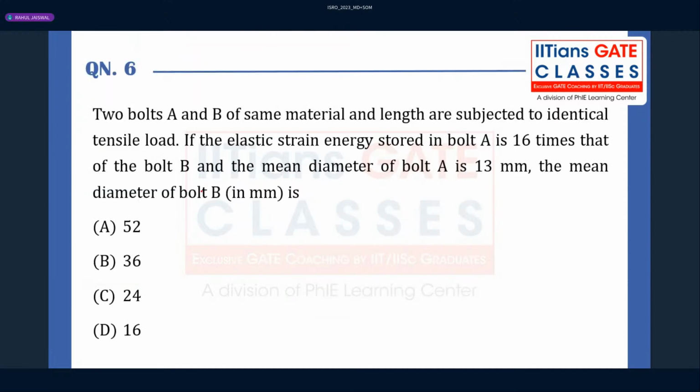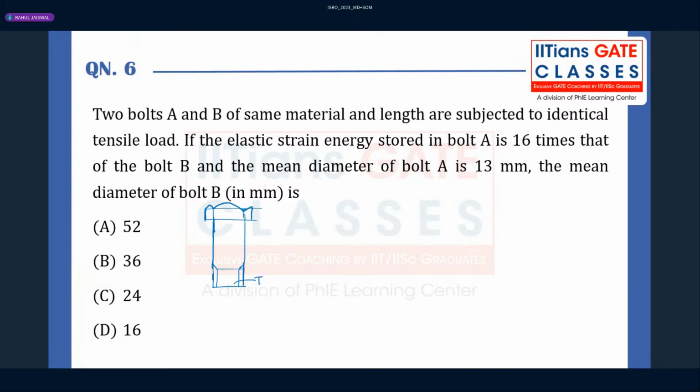Moving on to the next question. Two bolts are there. In the bolts, we know that there is a shank portion and there will be a threaded portion, right?